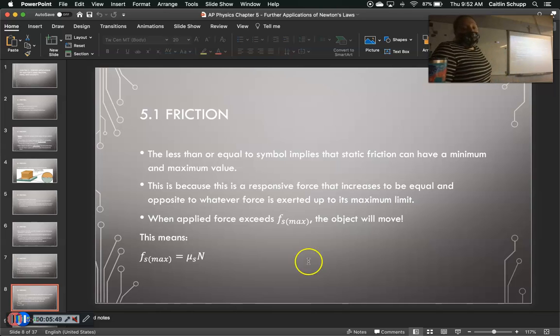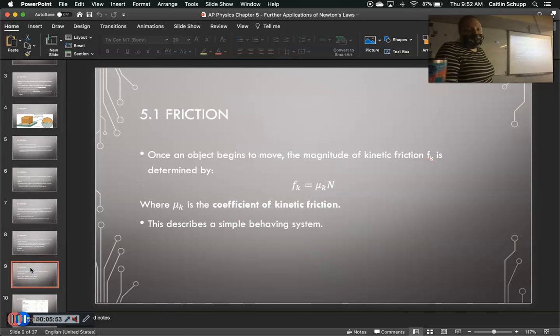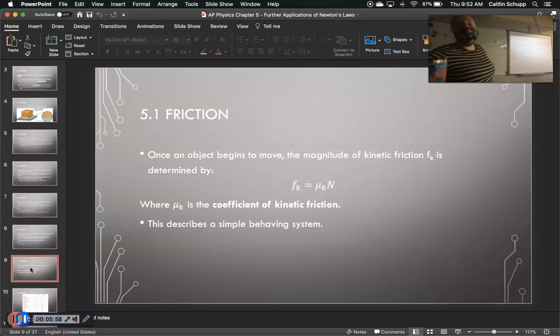With our static and kinetic coefficients of friction, we're going to see something very interesting about the values. But before we do that, I just want to show you how the kinetic frictional force would also be calculated. Similar thing, right? Exact same equation, except you're using a coefficient of kinetic friction and the normal force instead.